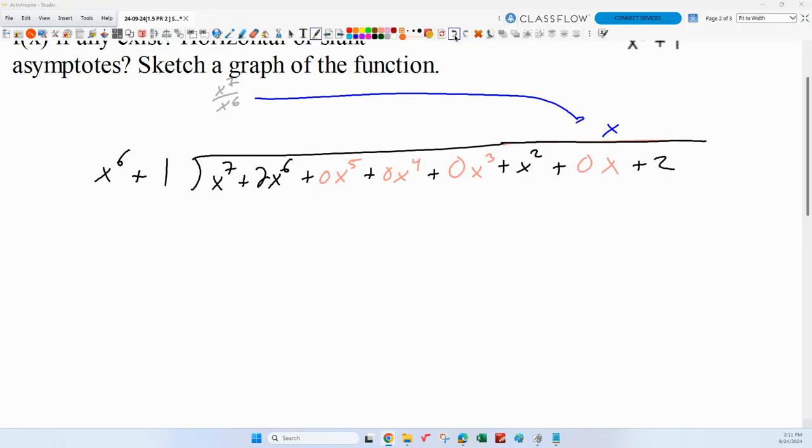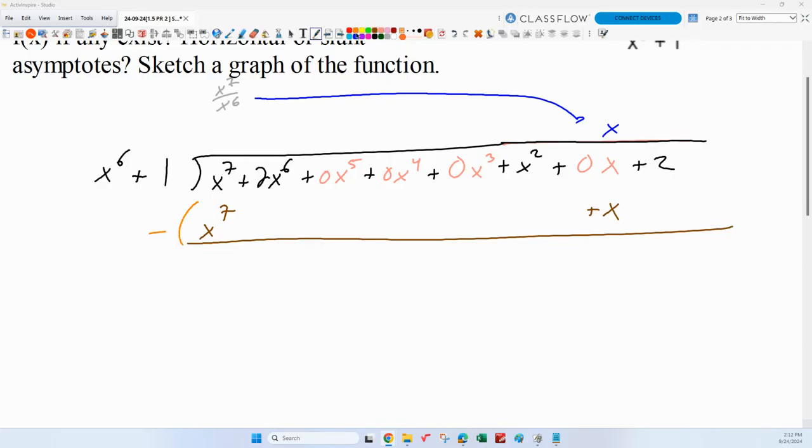So what do I do with that x? Good. I'm going to multiply by what's the denominator, what's outside. So if I distribute that, I'm going to get x to the 7th plus x, right? And then what do I do? I subtract. And remember how I taught you to do this.